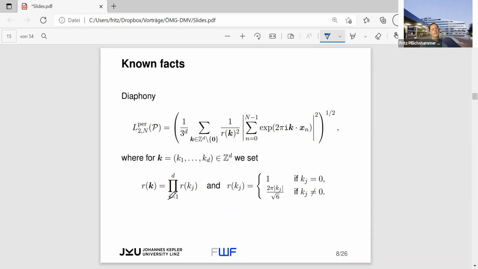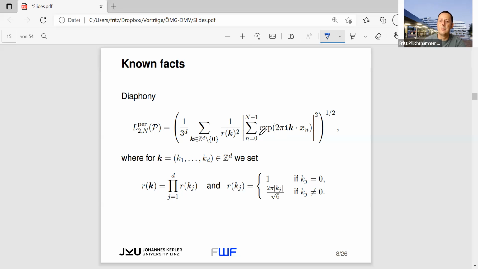Another well-known fact is that the L2 periodic discrepancy is essentially the same as the diaphony. Diaphony is another well-known quantitative measure for the irregularity of distribution of a point set that was introduced in the 1970s by Peter Zinterhof, and it is more or less what you can see on the right-hand side up to some normalizing constants. So we have here a weighted sum of squared Weyl sums.